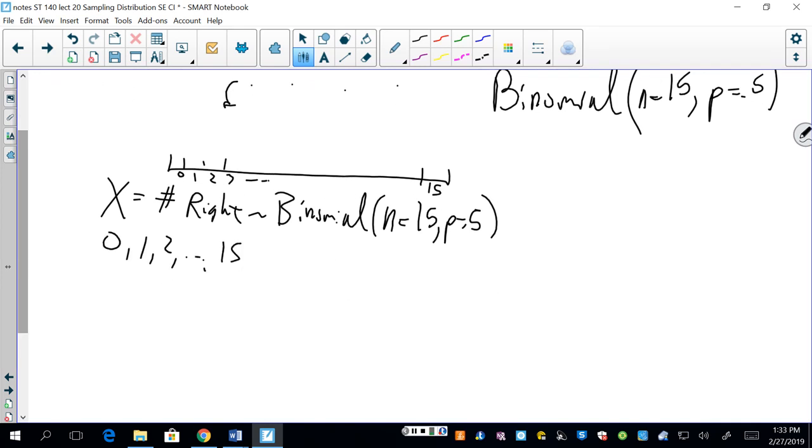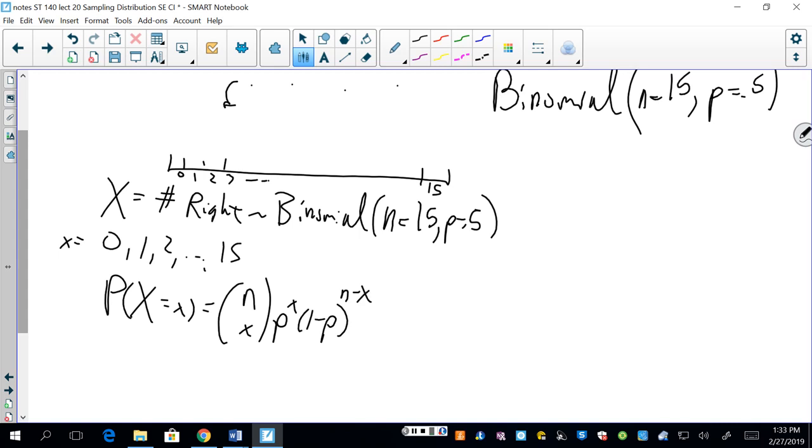So if this is the binomial, x can take values 0, 1, 2, up to 15. So what are the probabilities? What's the probability that x equals one of these values? It's simply the binomial formula. In general, n choose x, p to the x, 1 minus p to the n minus x. In this case, it's 15 choose x, because there's 15 levels.